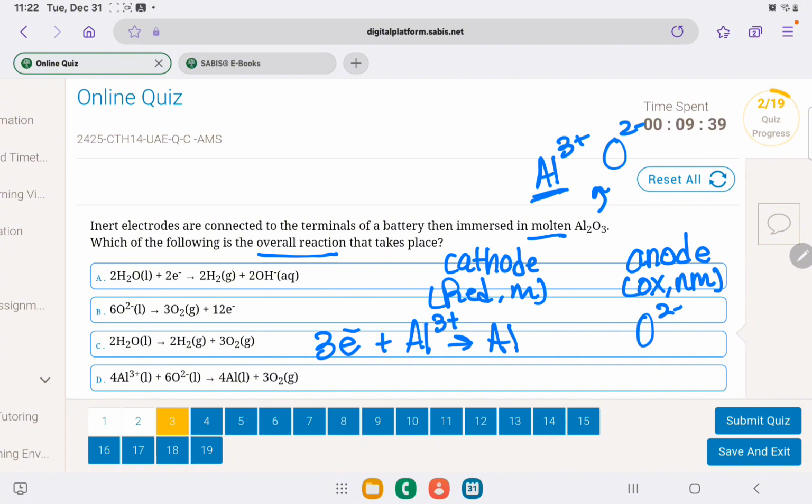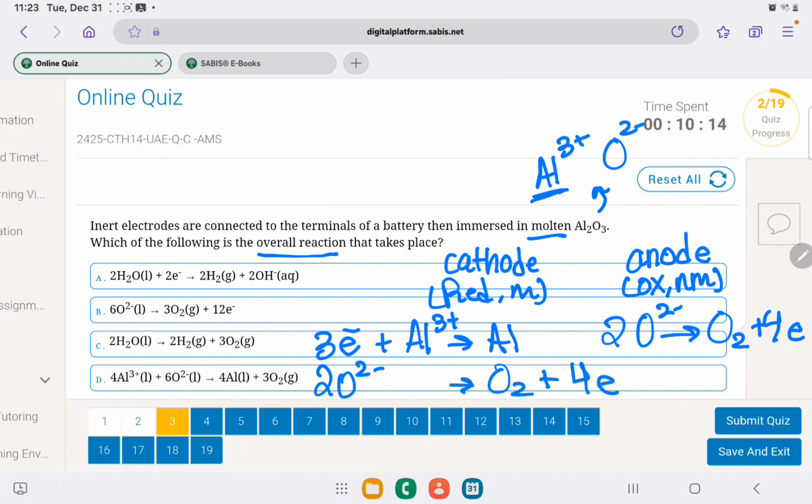At the anode we have electrons in the products, so O2 minus to give O2 plus 2 electrons. Since we have two O's, we add a 2 here, so that's 4 electrons. Let's put them next to each other: 2O2 minus to give O2 plus 4e minus.